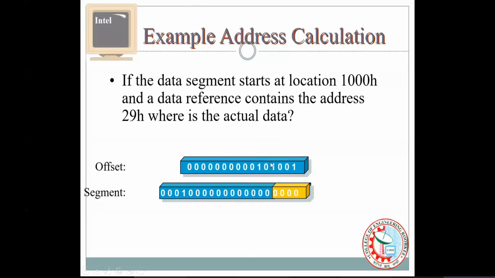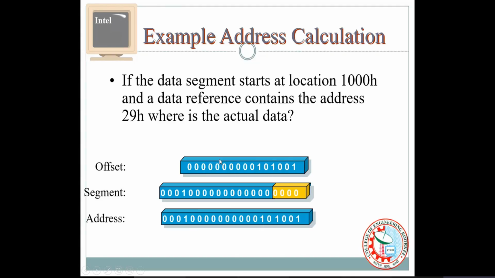Once you know this offset and you already know the segment base address, you know the formula: segment base address 1000 multiplied by 10H plus 0029. The answer will come out to be 10029. Is that clear?